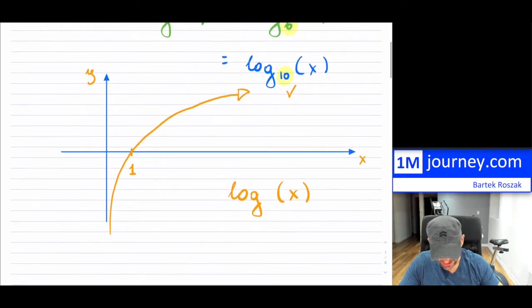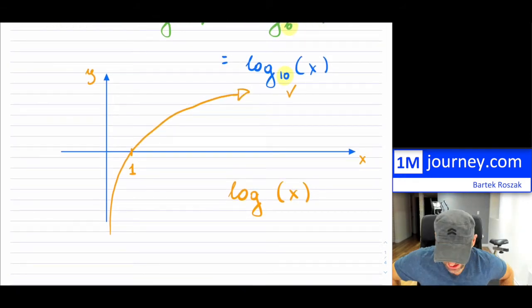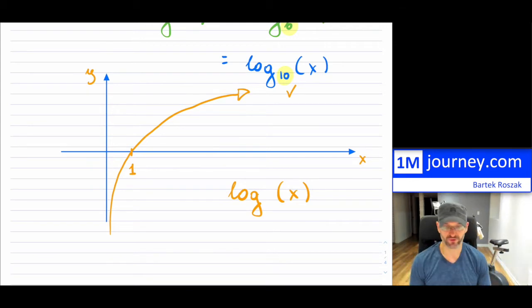So, this is my log function that I have just drawn. And now I want to talk about transforming it, just like I would for any other parent function. You might have run into the parent function f of x equals x, which is linear.